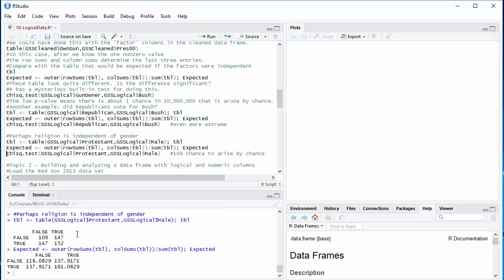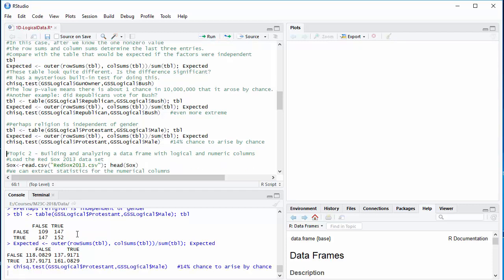I look at the table, I look at the expected values, and now you see the discrepancy is quite small. Getting a pair of falses, not Protestant and female, we had 109 rows, and what we would have expected was 118 rows.